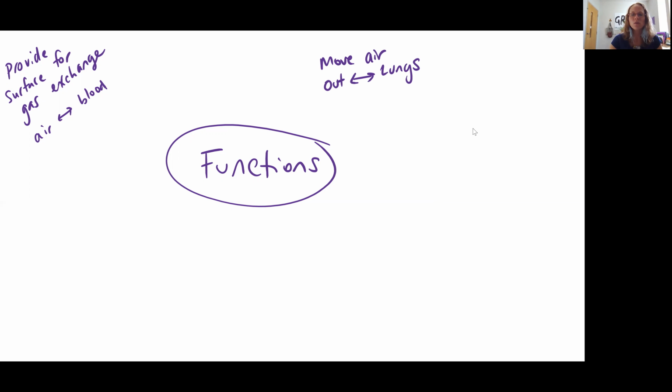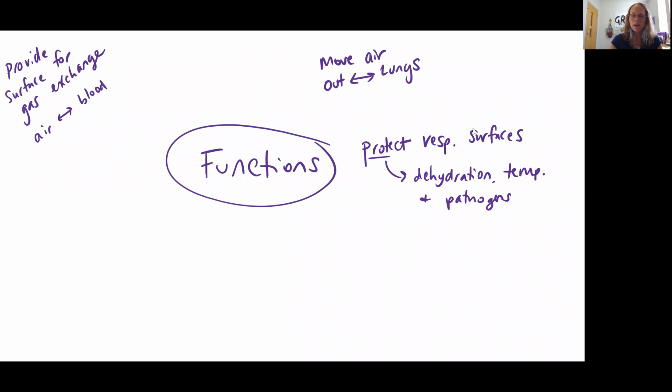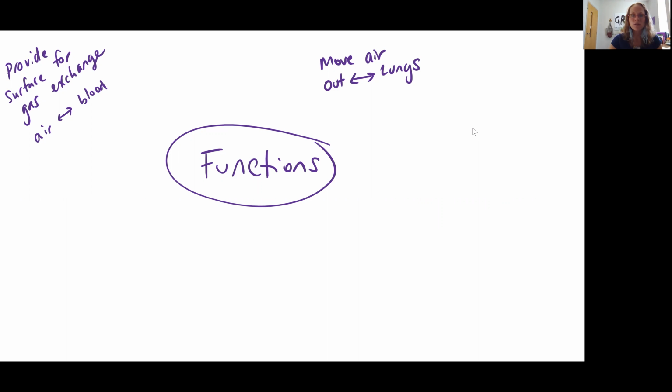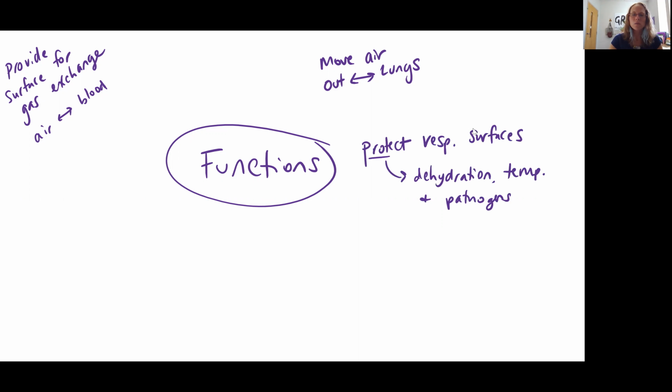In addition to allowing surface for gas exchange between the air and the blood, we also need to actually get that air in and out of the lungs. We also will see that the respiratory system will protect those respiratory surfaces from dehydration and temperature changes, as well as possible pathogen invasion.